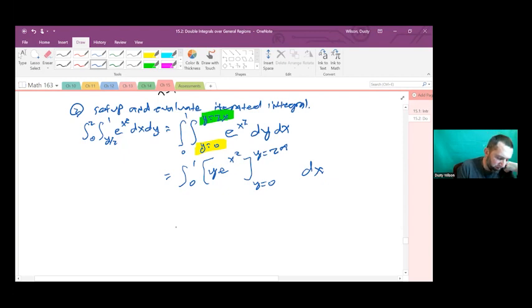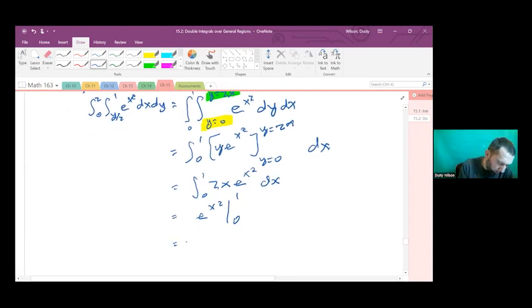At 0, it's going to be 0. So we have the integral from 0 to 1 of 2x e to the x squared dx. Here you can imagine letting u equal x squared, and then your du is going to be the 2x dx. So this is simply going to be e to the x squared, evaluated from 0 to 1, which will be e minus 1.